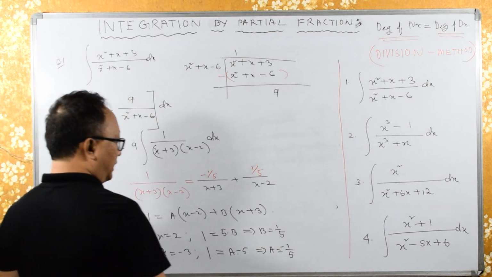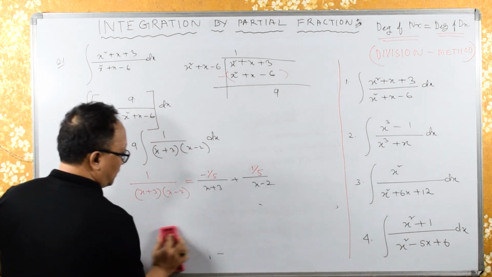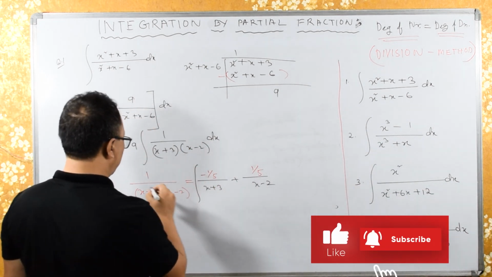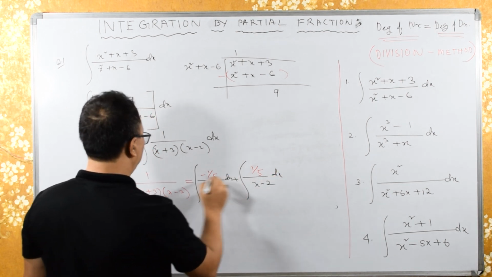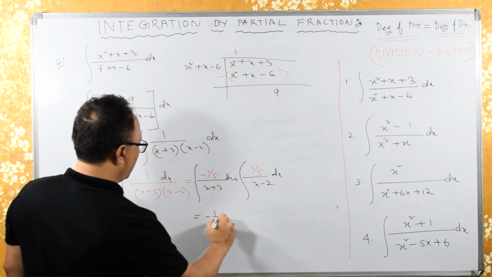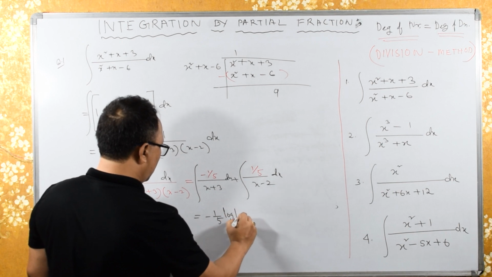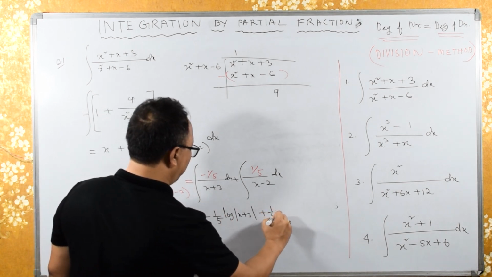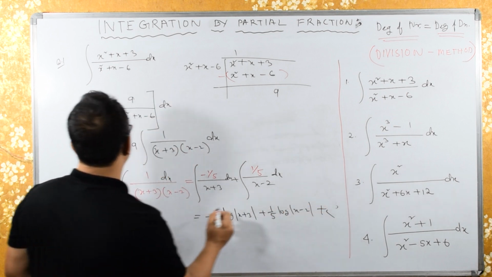So the integration of this becomes minus 1 by 5 outside, and the integral gives log of x plus 3, plus similarly 1 by 5 log of x minus 2, plus some constant.